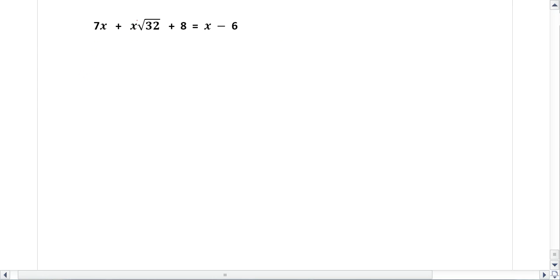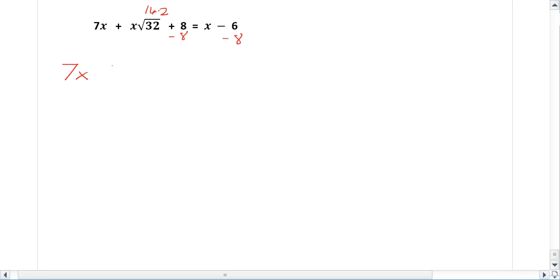All right, so looking at this to simplify each term, I'm seeing that 16 times 2 is 32, so I can take that 16 out. And one step I could do right away here is subtract an 8 from both sides. So let's do a couple things to simplify it in the first step.